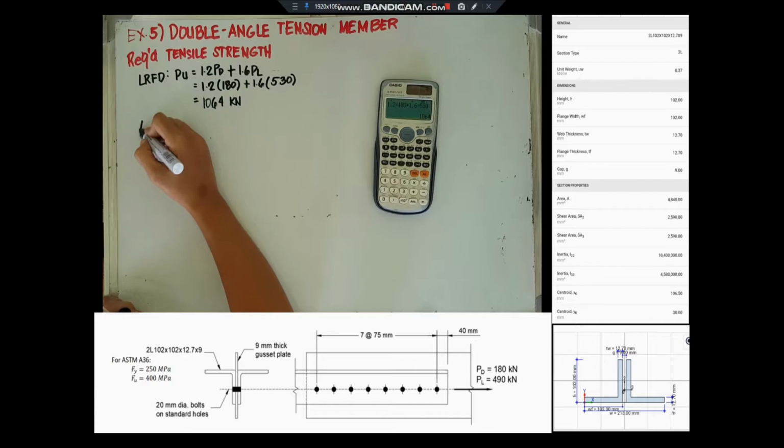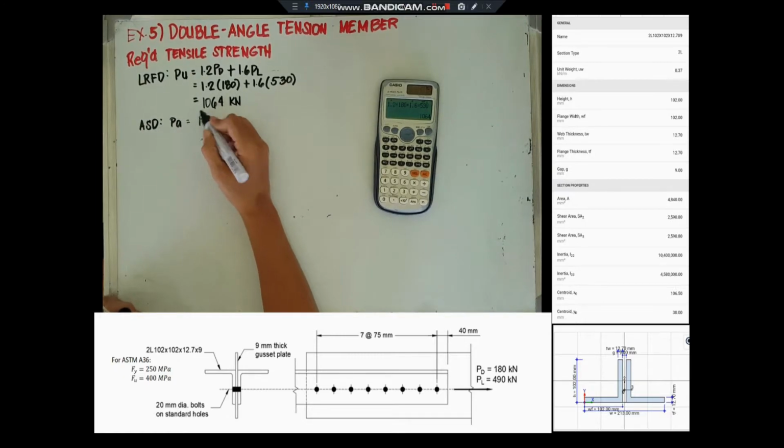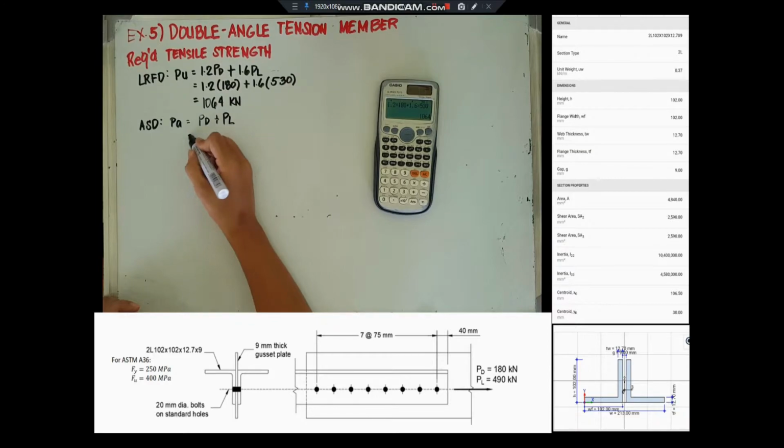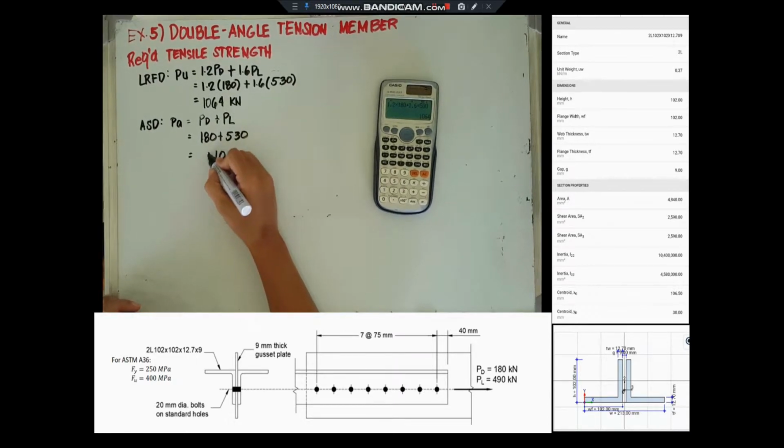And for ASD, 180 kilonewton plus 530 kilonewton is equal to 710 kilonewton.